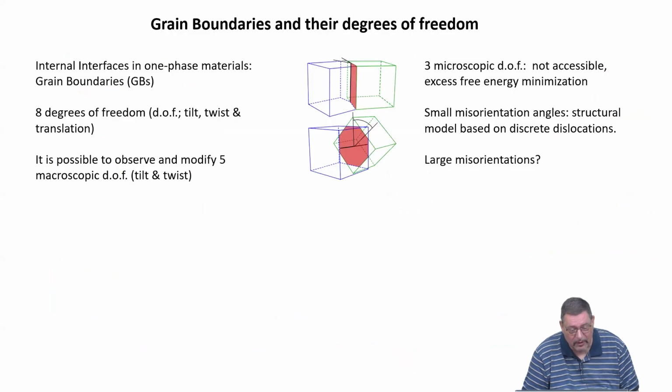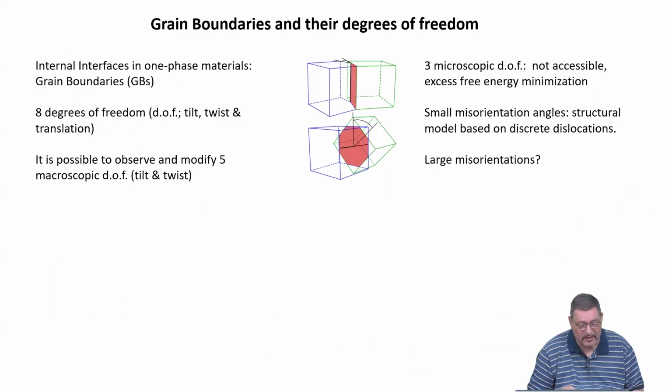So internal interfaces, grain boundaries, as I said, have 8 degrees of freedom. Tilt, twist, translation are the ones which are macroscopically accessible. The microscopic degrees of freedom are not accessible, but they minimize the energy.